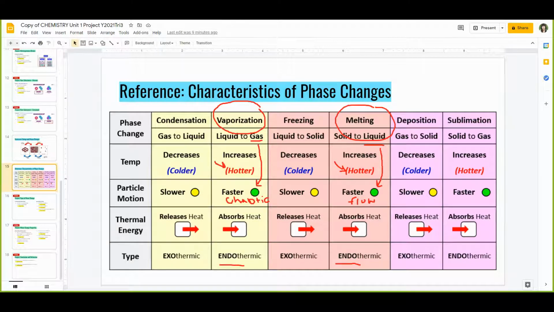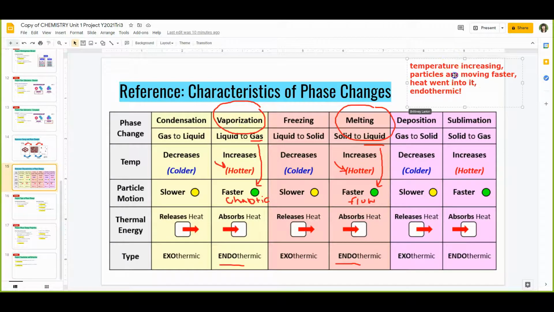That's exactly what should be happening in your project: temperature is increasing, particles are moving faster, heat went into it, and therefore it should be endothermic. Regardless of whether you choose vaporization or melting, those are the two choices you should be choosing for your project because everyone heated up their food.